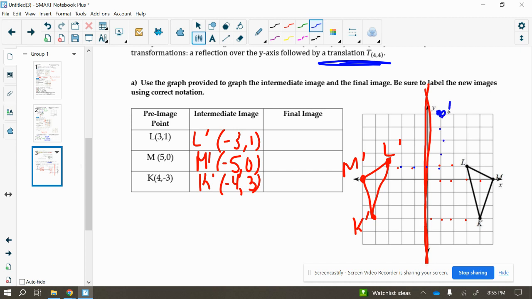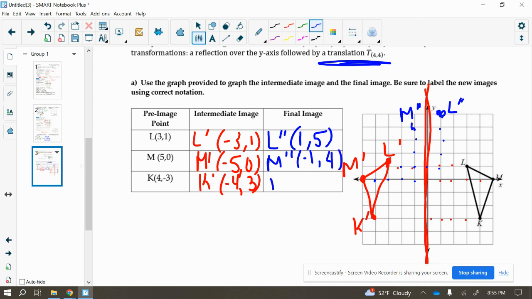L prime ends up at, or excuse me, double prime because we moved it twice, ends up at 1, 5. M prime, we move 1, 2, 3, 4 to the right, 4 up. M double prime, because we've moved it twice now, is at -1, 4.